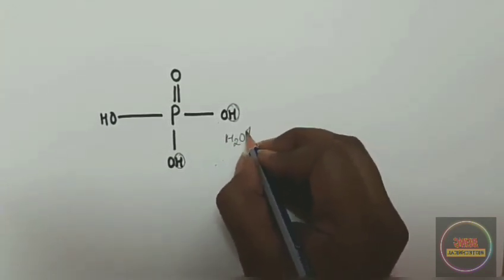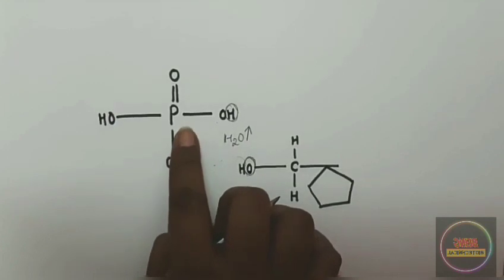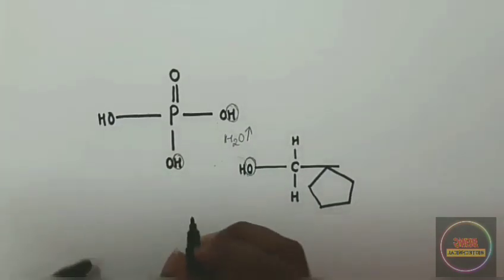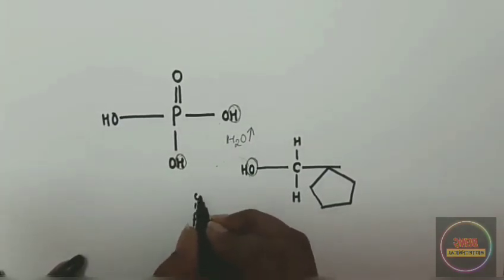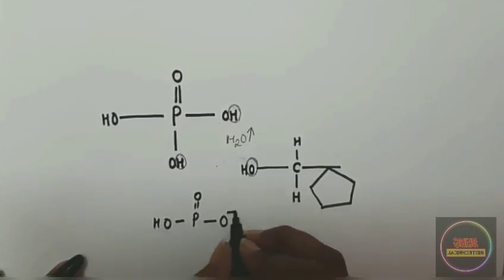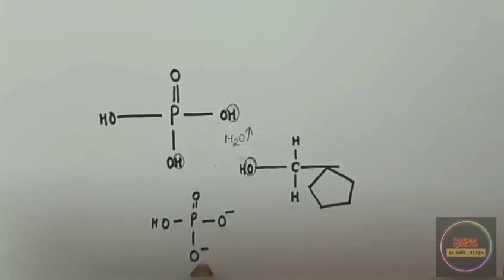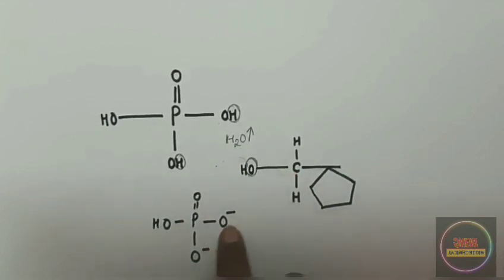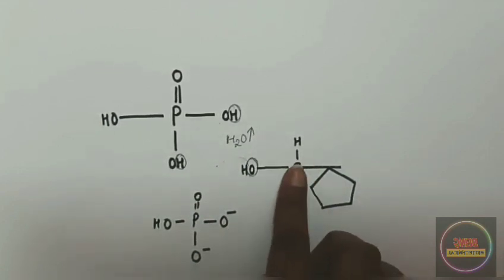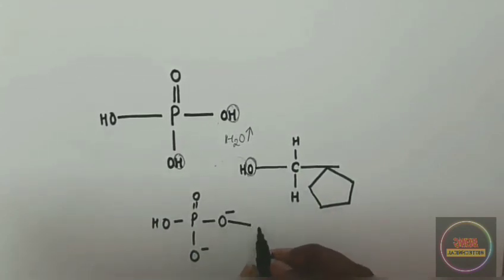After the release of this water molecule, this phosphate group becomes negatively charged, which is why it shares this oxygen with the 5' carbon of the pentose sugar.